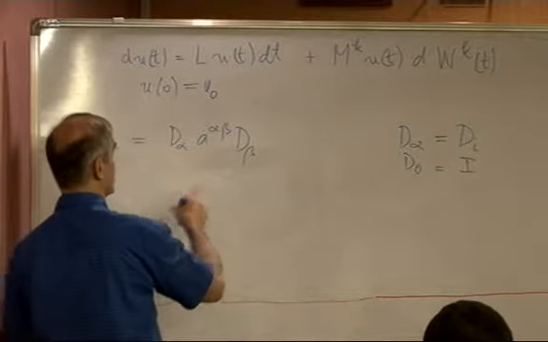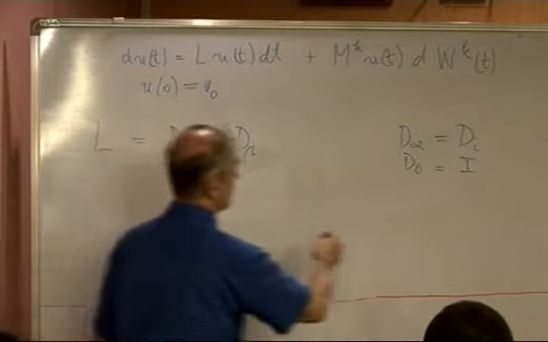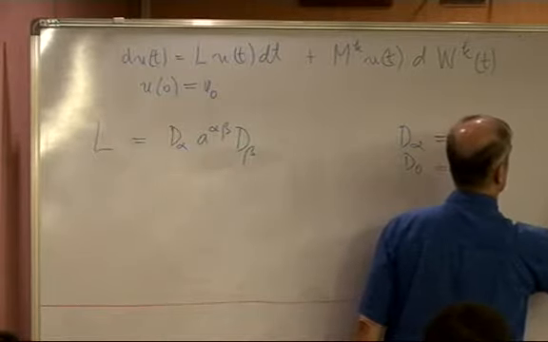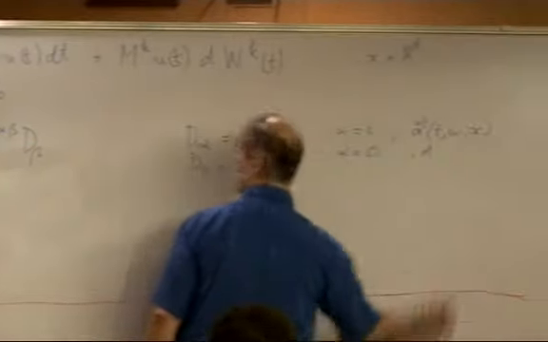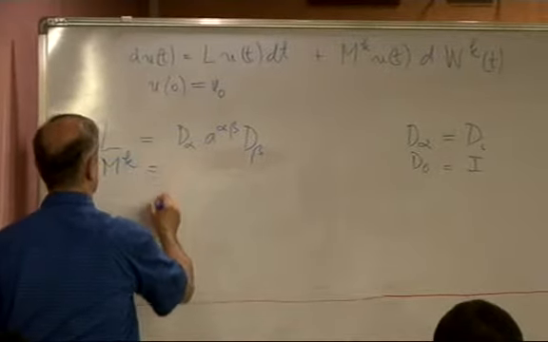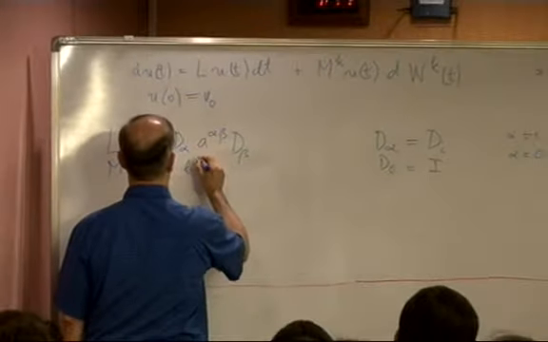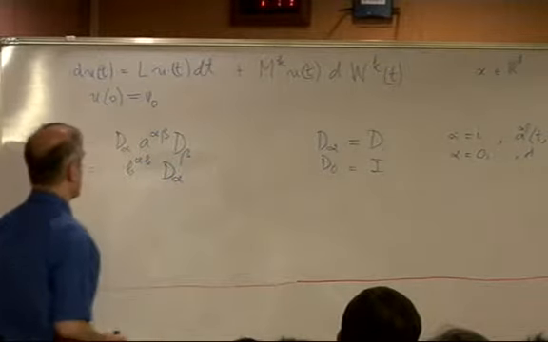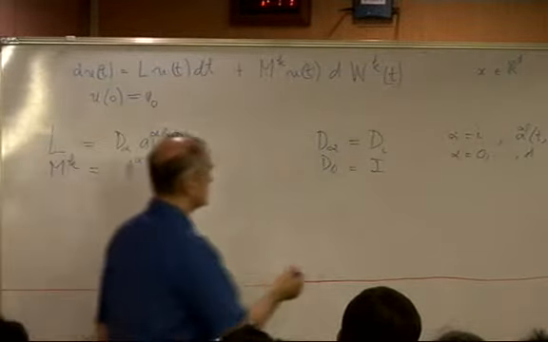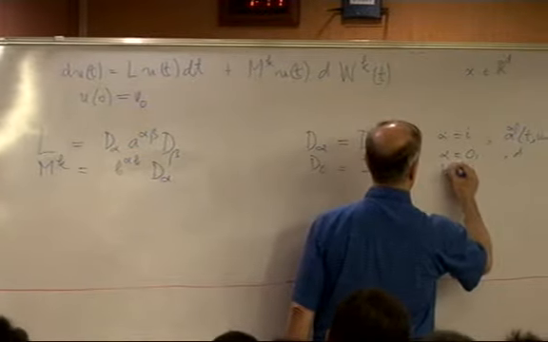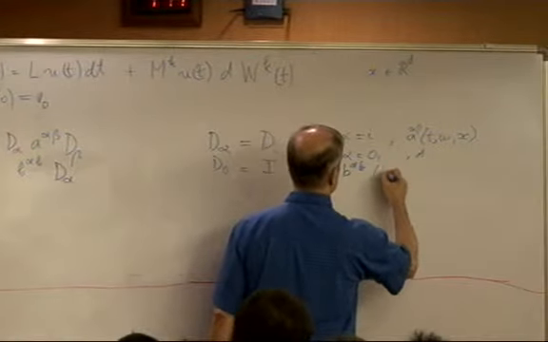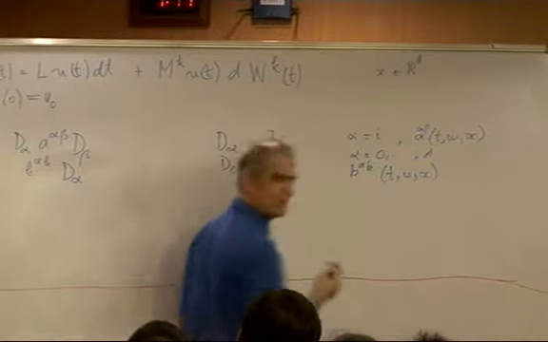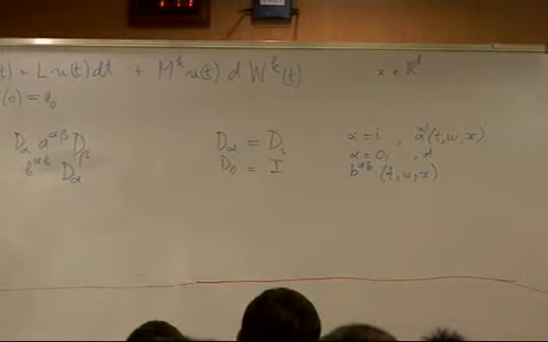As I have already told, the coefficients a, so alpha then runs from 0 to d in this notation, and M^k for each k is b^{alpha k} D_alpha, and also b^{alpha k} depends on t, omega, and x in the case of the general filtering equation, or the so-called Zakai equation.